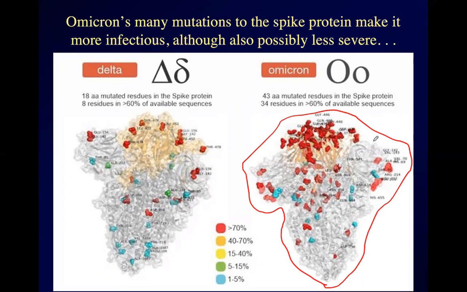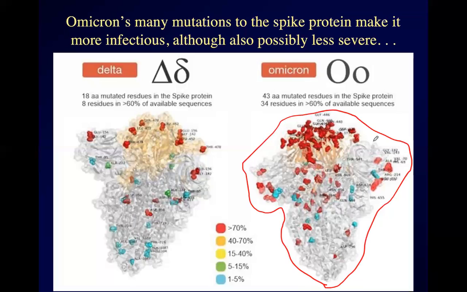Every one of those colorful flecks is an amino acid that has changed between December of 2019, when COVID was first isolated, and now. So the spike protein has changed a lot of amino acids, and those changes seem to make it more infectious, although also possibly less severe.